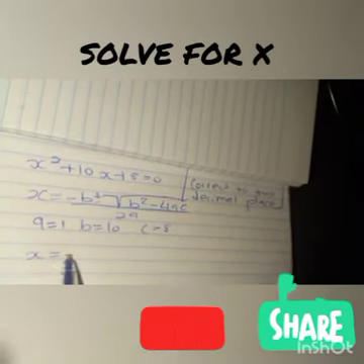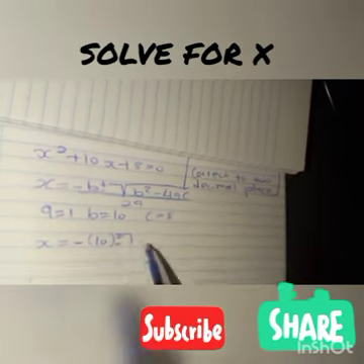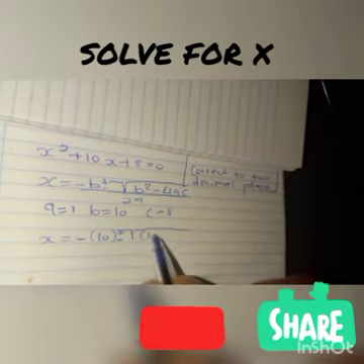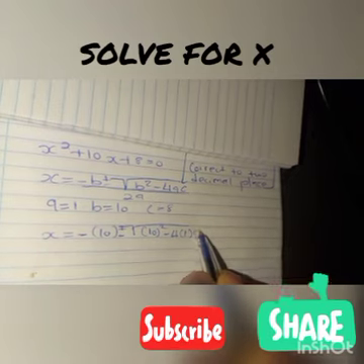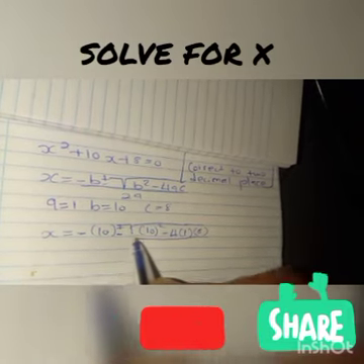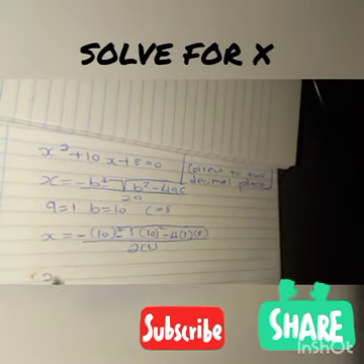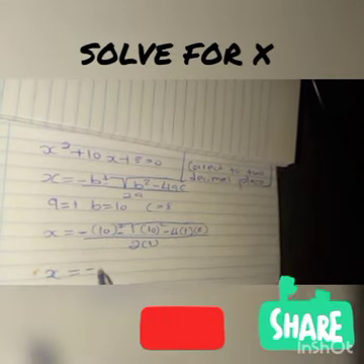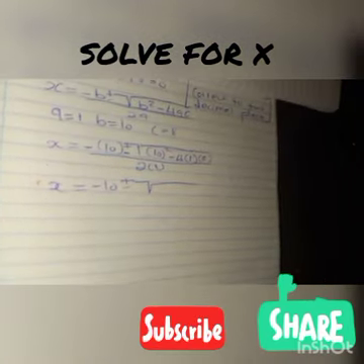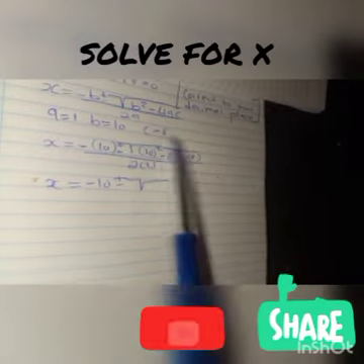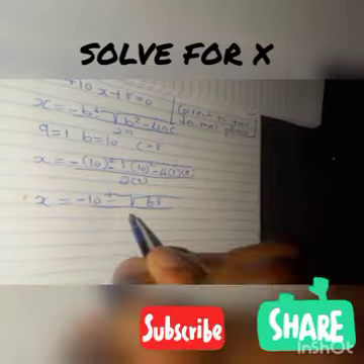x is equal to minus 10 plus or minus the square root of 10 squared minus 4 times 1 times 8, all divided by 2 times 1. Then x is equal to minus 10 plus or minus the square root of, if you work out what is inside the square root, you'll be left with 68, all divided by 2.